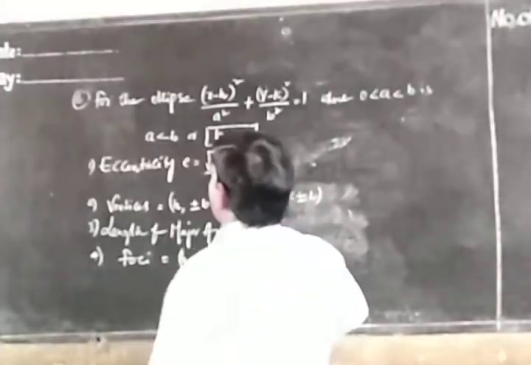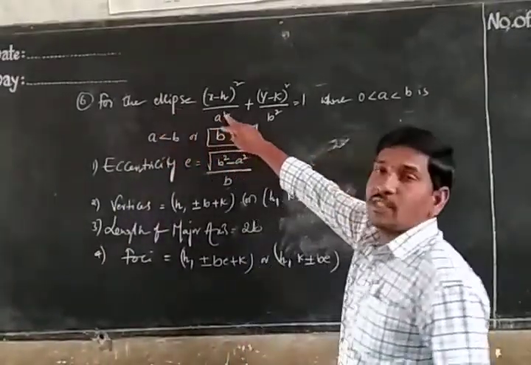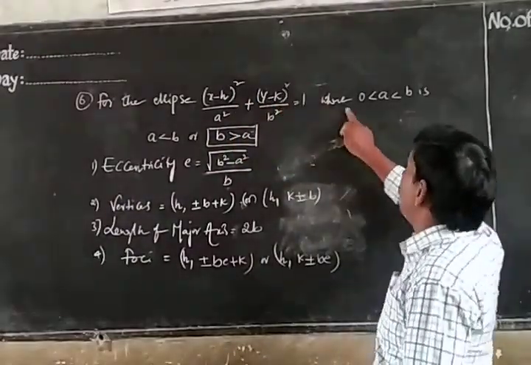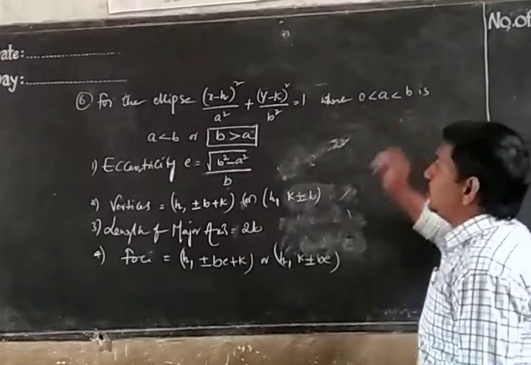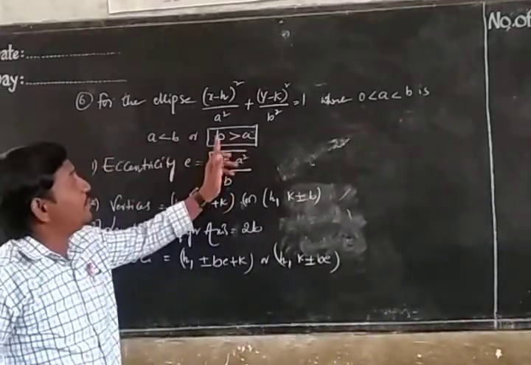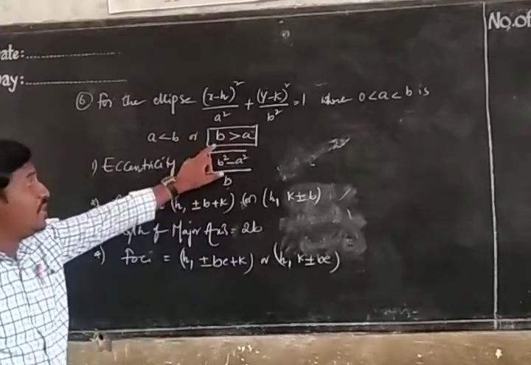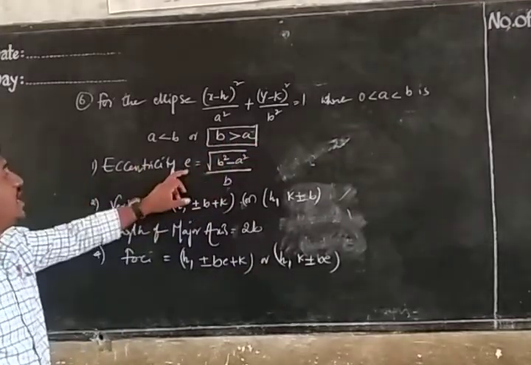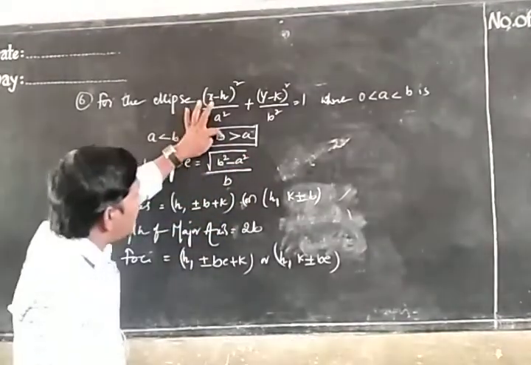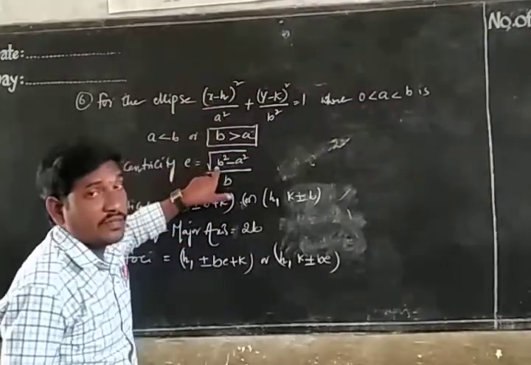For more explanation, for the ellipse (x minus h) whole square by a square plus (y minus k) whole square by b square equal to 1, when 0 less than a less than b, we know that a less than b, or we can say b greater than a. For b greater than a, the eccentricity equals root of b square minus a square by b. That's why we have to write b first.